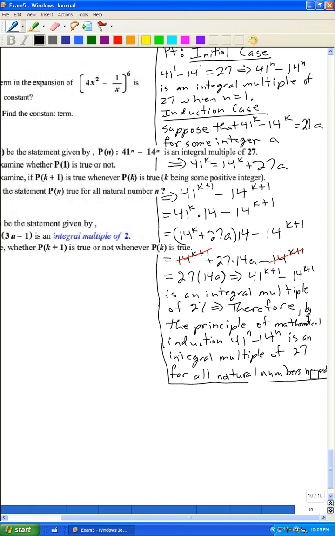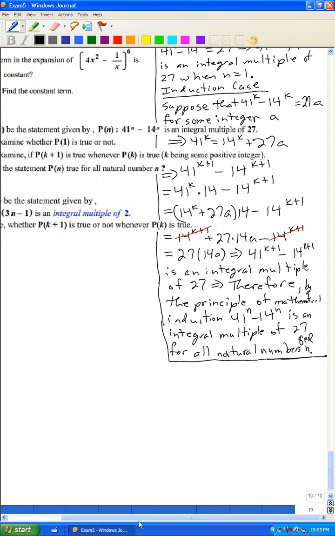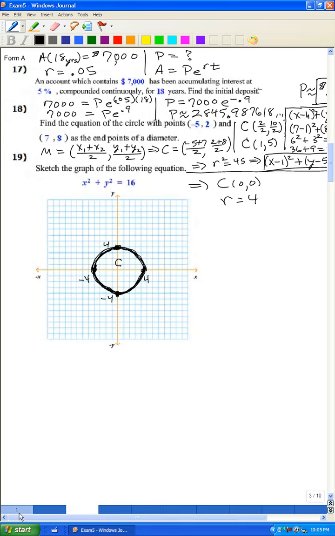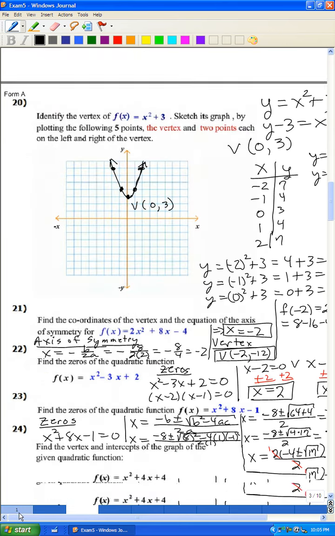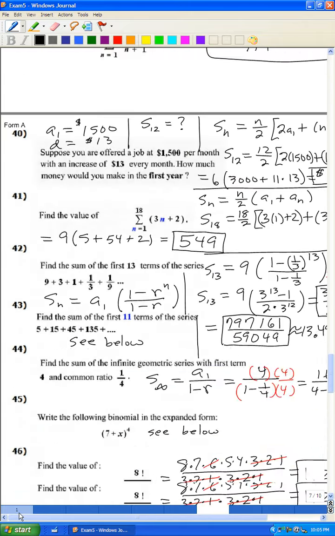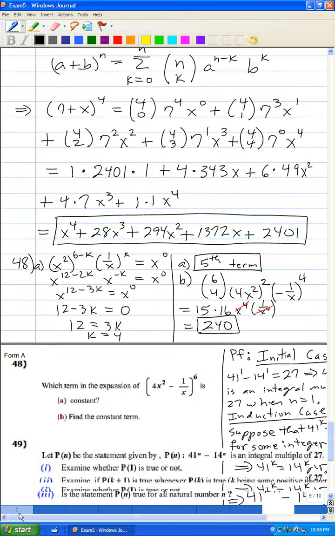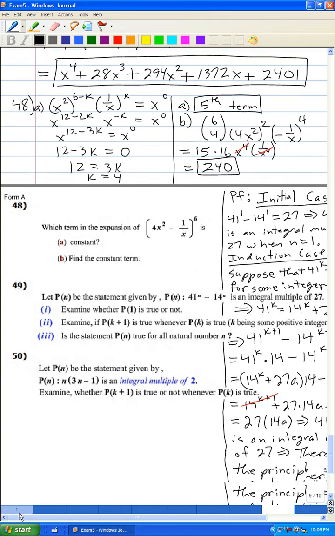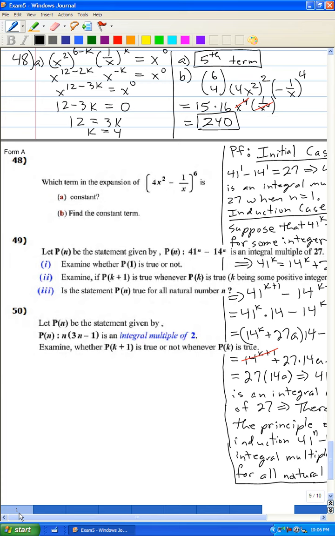Okay. So let me do problem number 50. So I should sort of say that's problem number 49, by the way.